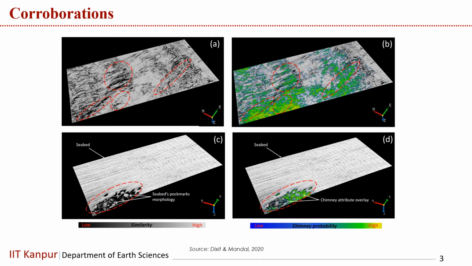We did the same process for the seabed, and here the black color is indicating the pockmarks, which is matching well with the geometry as well. When we overlaid the processed chimney probability, it matched perfectly, which gives more confidence to our interpretation.